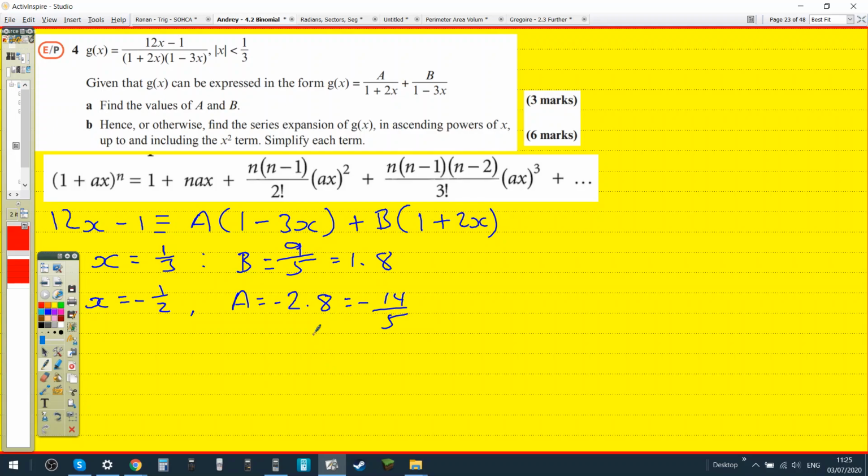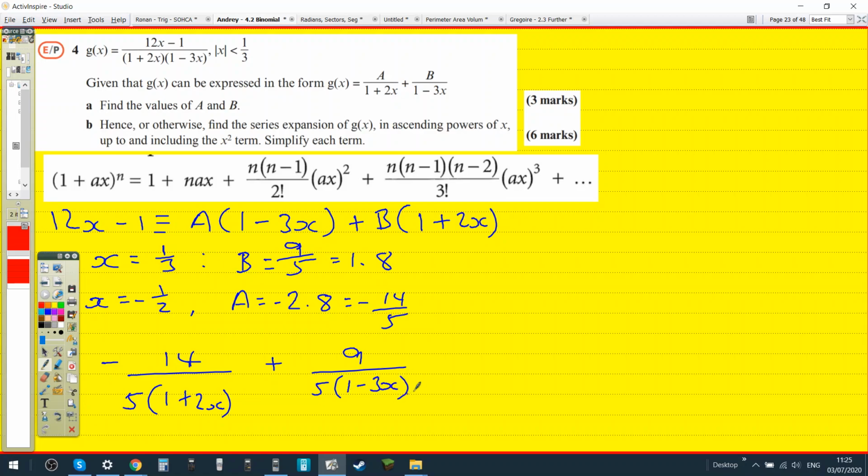Okay. What are those written as partial fractions? Minus 2.8 over 1 plus 2x. That pains me to mix fractions and decimals. I'm going to write minus 14 over 5, 1 plus 2x, plus 9 over 5 brackets 1 minus 3x.